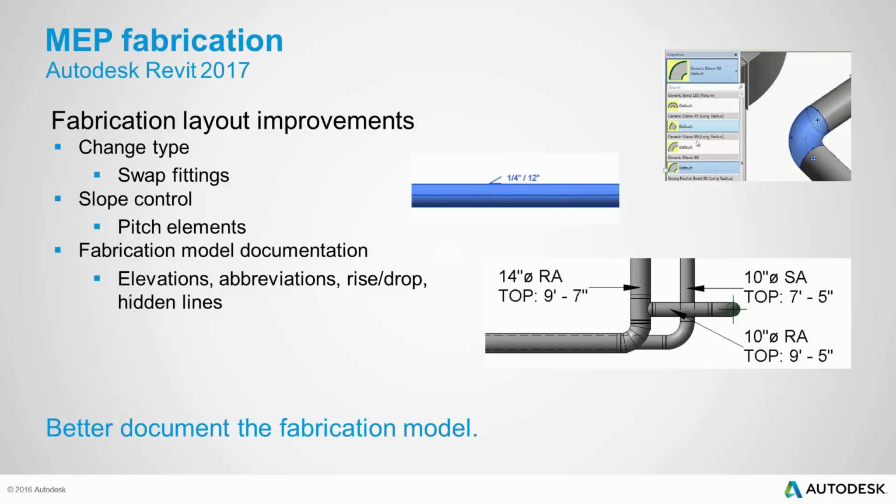We can also now control the visibility of insulation and lining using element subcategories, and these will also now respect MEP hidden line settings. So we've made it a lot easier to get exactly the drawings that you need in order to deliver the documentation that you have to.